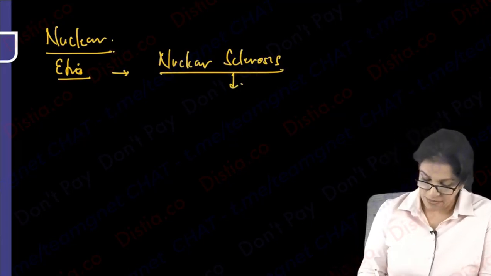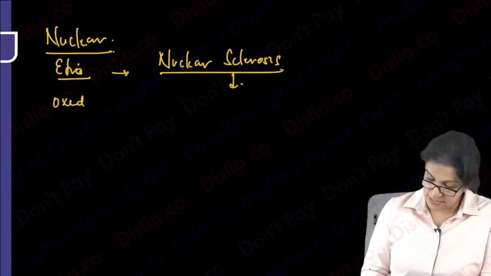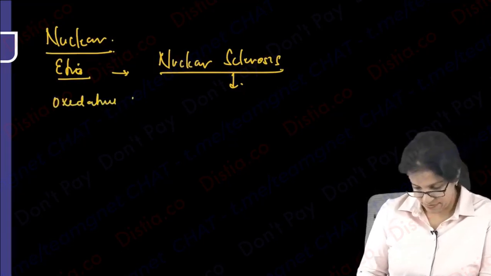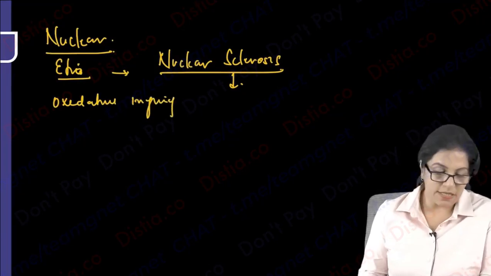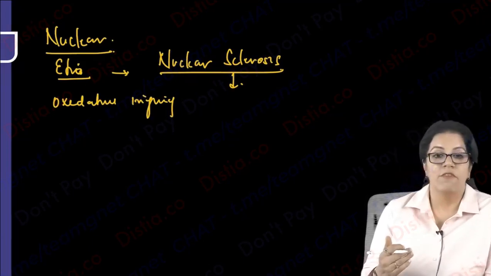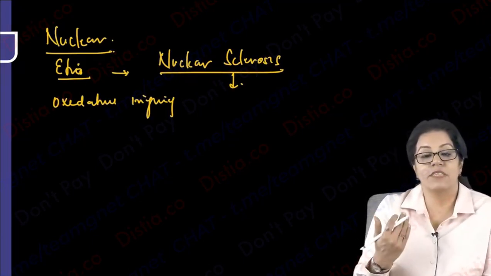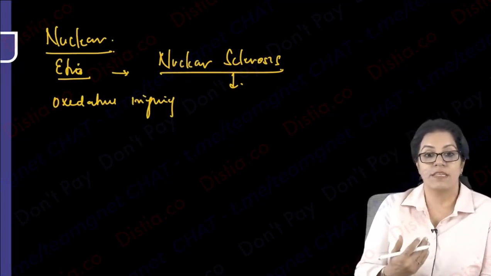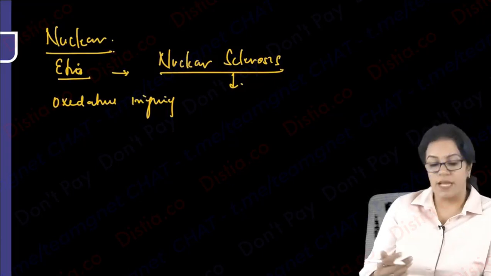Let's understand. There is an oxidative injury to the lens. Because of this oxidative injury, that means the free radical scavenger system of the lens is not enough. Then what happens?